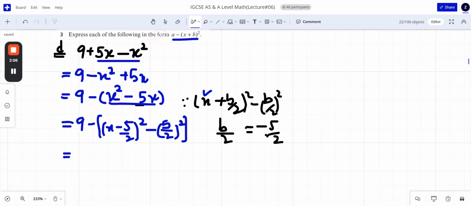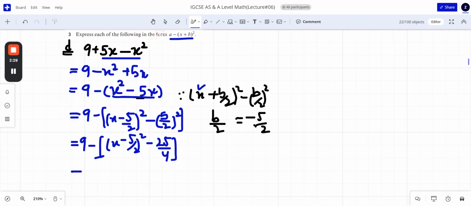Now again 9 minus, and then x minus 5 by 2 whole square. Then minus 5 by 2 whole square, but the square of a minus is plus, so it is 25 by 4. And now we will multiply the minus sign with the values inside the parentheses.